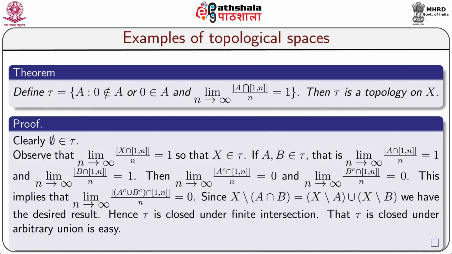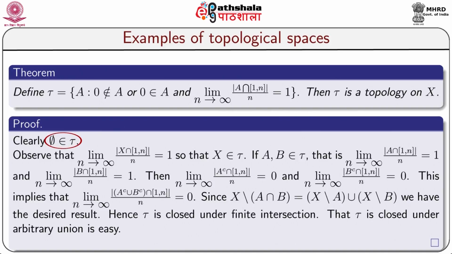Let us define tau to be all those subsets A of X such that 0 does not belong to A, or 0 belongs to A and the limit as n tends to infinity of the cardinality of A intersection {1, ..., n} divided by n is equal to 1. It can be proved that then tau is a topology on X.